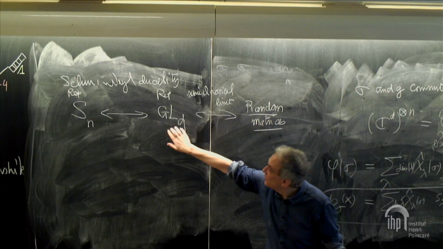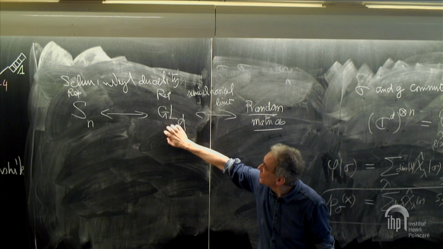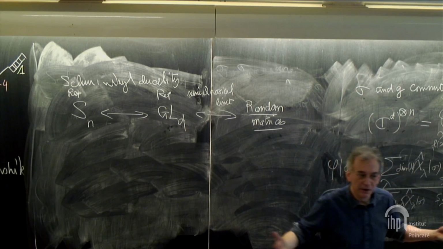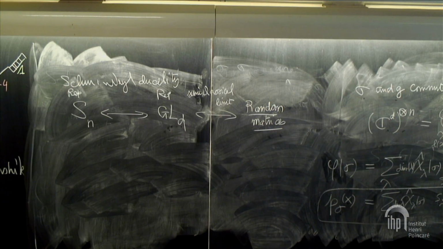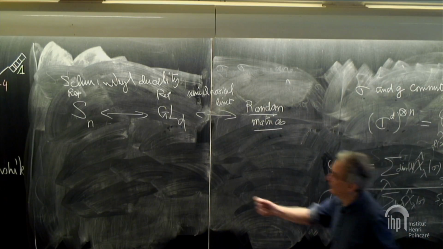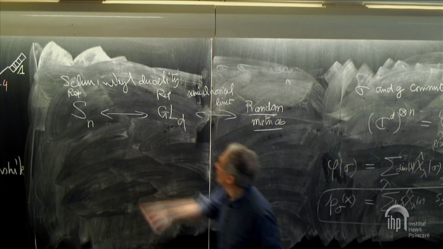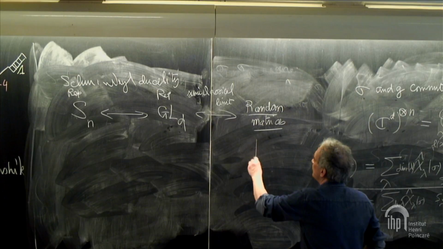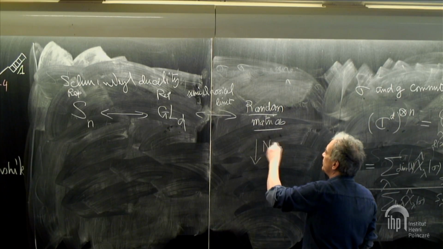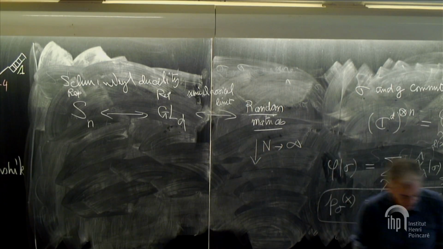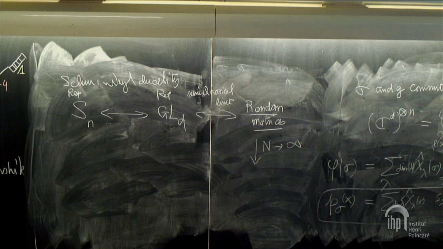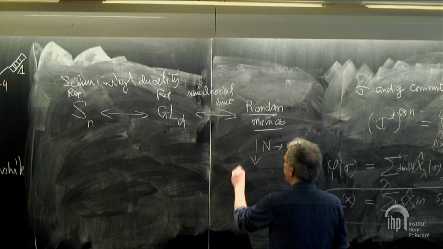Here, I will look at the representation theory of GLD as providing me matrices whose entries are themselves matrices and don't commute. Now random matrices, when the size goes to infinity, are a very interesting story, and there are lots of things about random matrices. Here I will be interested in one aspect of random matrix theory, which is the theory of free probability.